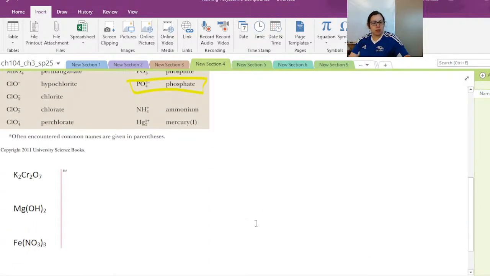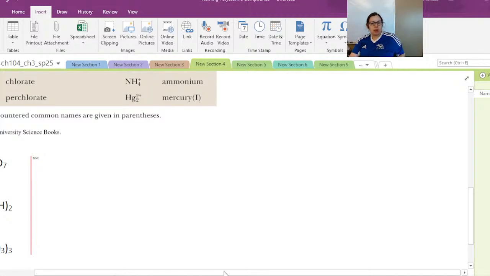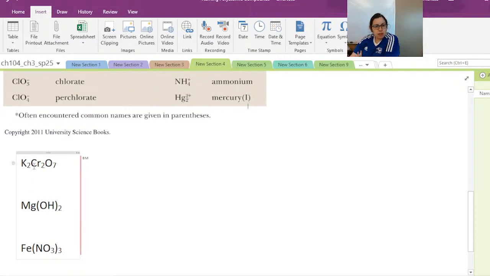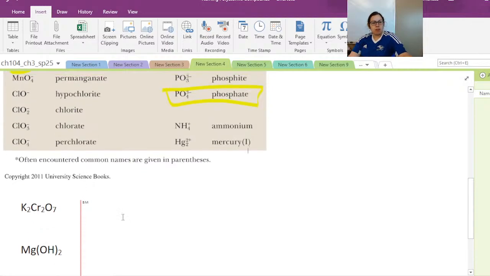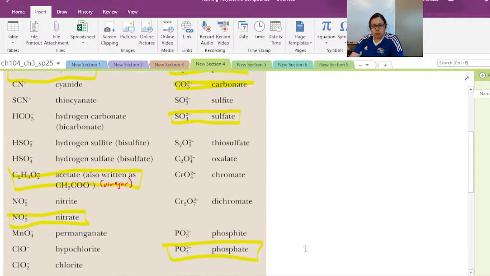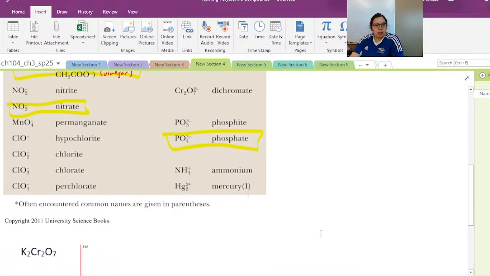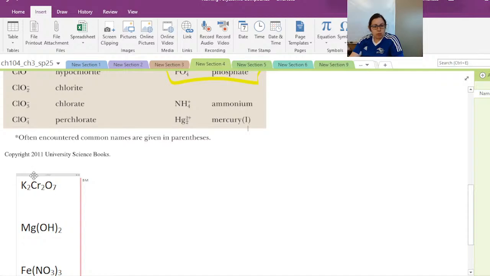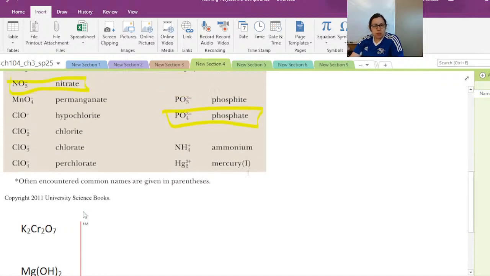So let's see how we're doing with this one. So did we find this K2Cr2O7? So what was that? Potassium chromium 6 oxide. So did you find the Cr2O7?